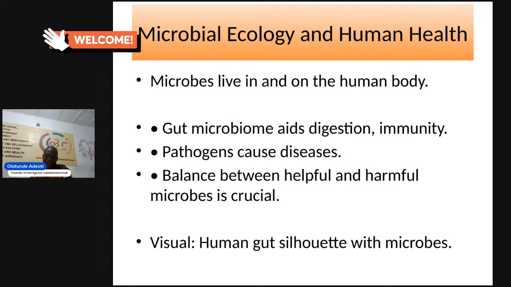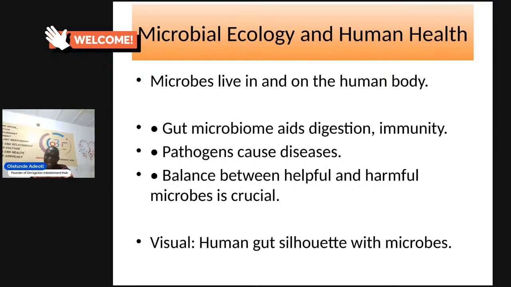Those that live in or on the human being can also be pathogens. That is, they can be pathogenic because they cause certain diseases. Many of us can give examples of different types of microorganisms and the different types of diseases that they can cause.